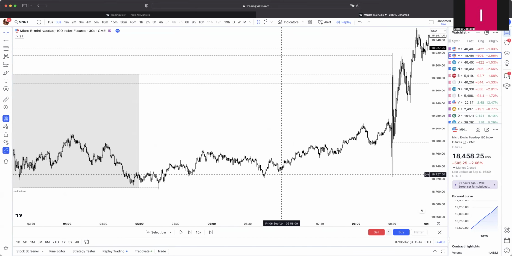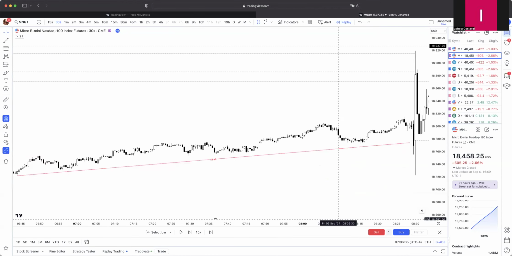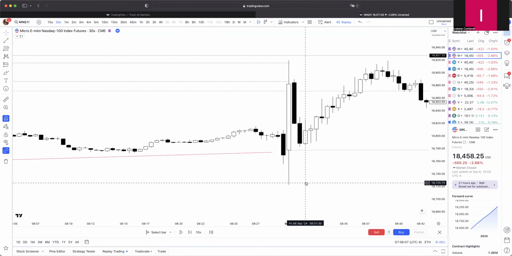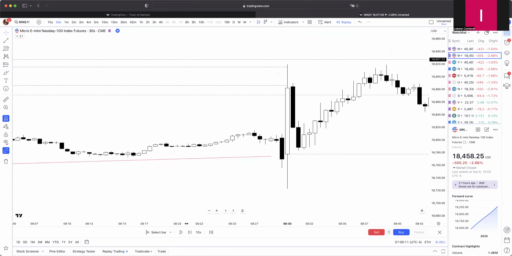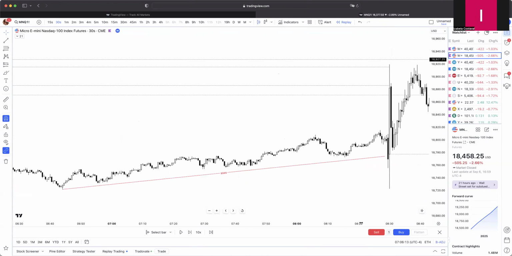So the way that I would probably have entered this would have been off the breaker, honestly. So then again, what is a breaker? We look for an intermediate low, a low that sweeps the liquidity.